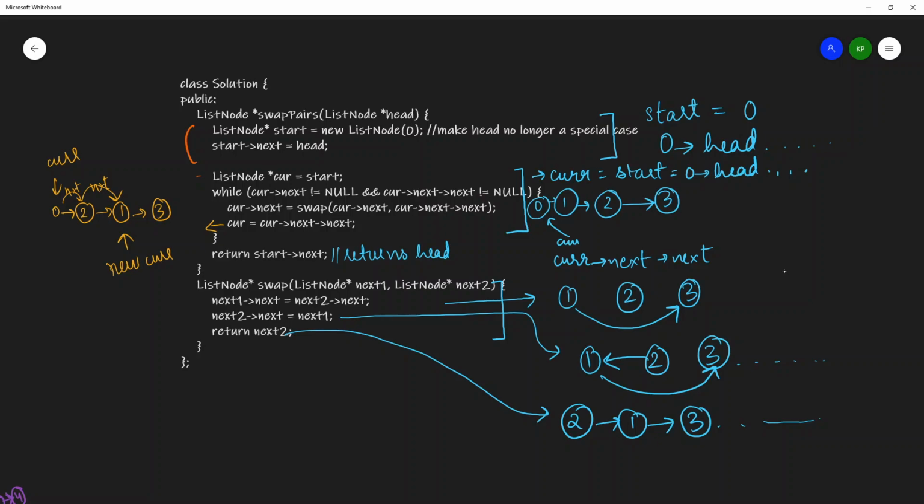I have coded this solution so that whatever I am required to attach would be current's next, and its next would be attached with those two nodes which would now be swapped. So that's why I've taken a swap function where I've passed parameters current's next and current's next's next. That is, 1 and 2 would be passed in this function at this time, right?